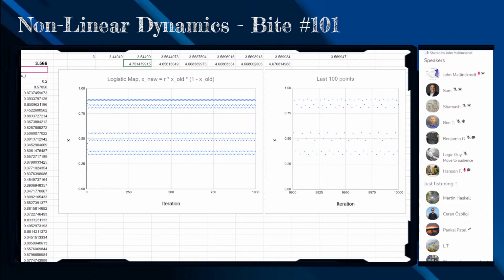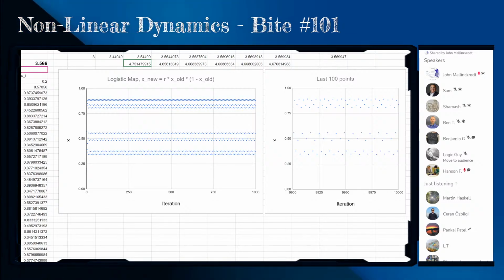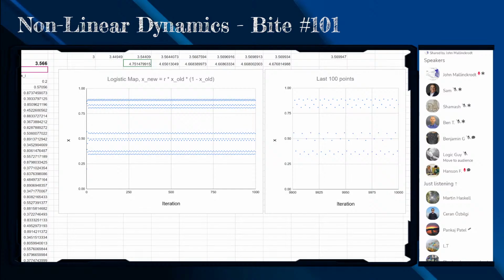I'll tell you what, let me do this very quickly. Oops, logistics map. There. I should have this image. Copy image. Paste into another sheet if I can here. I'll put it right here.